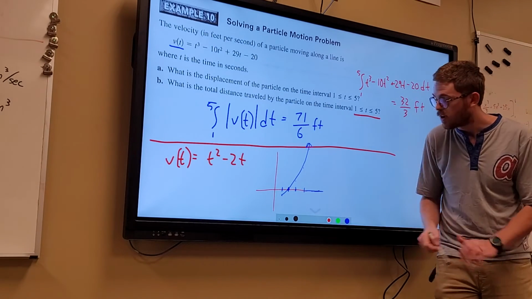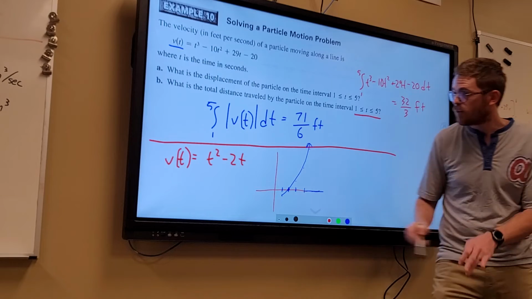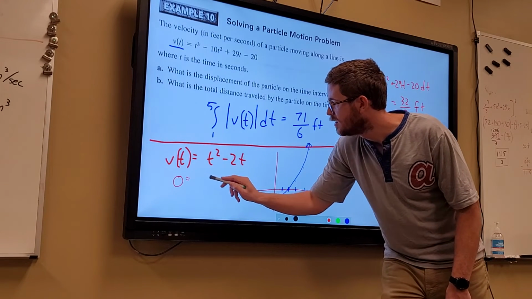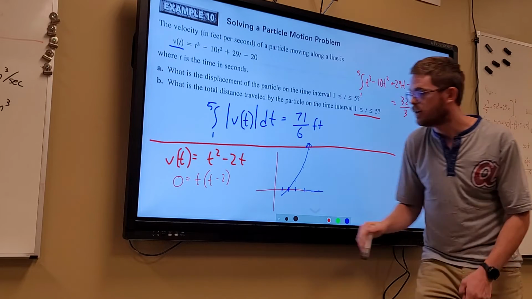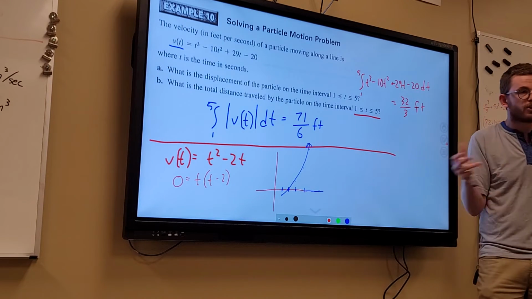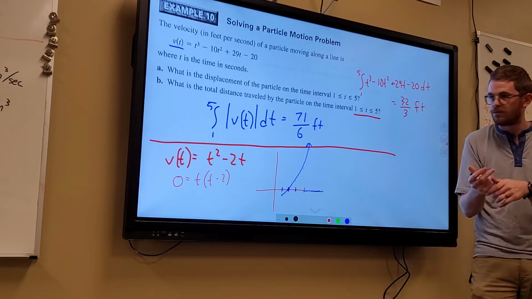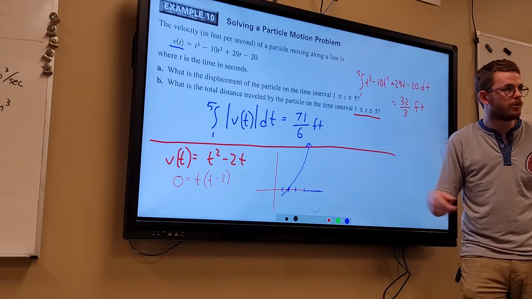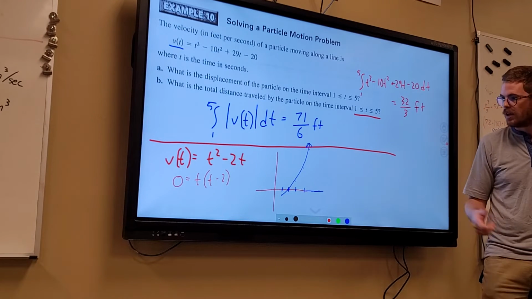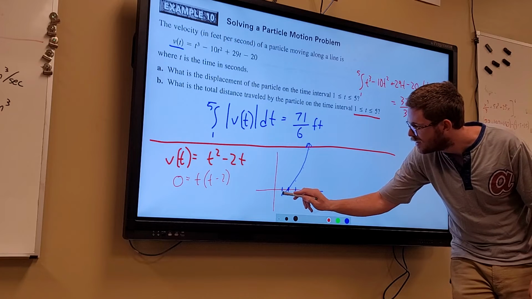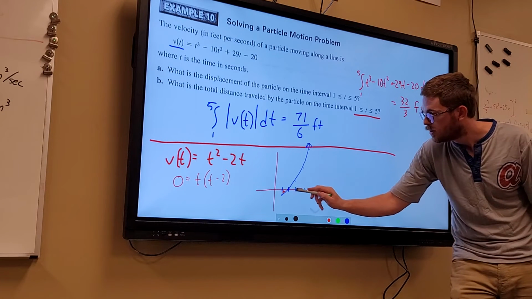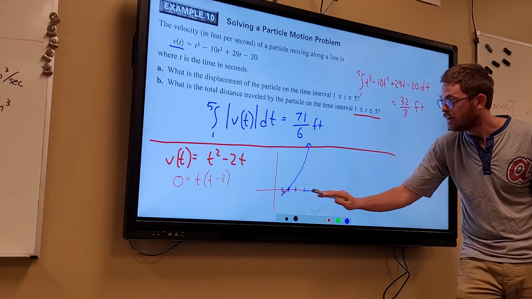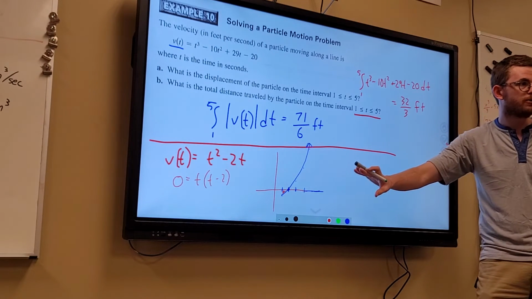I can see that quickly, and the other way that we could do this is to just set it equal to 0 and find when it changes. When is it below 0, when is it above 0? Because it is below 0 from 1 to 2, I need to make sure that value is positive.